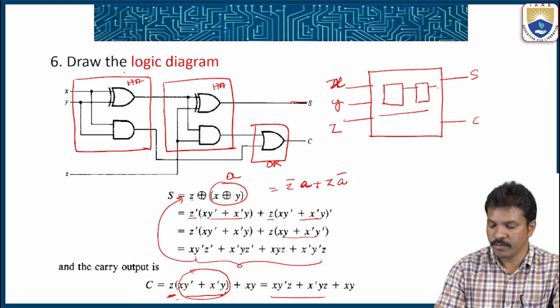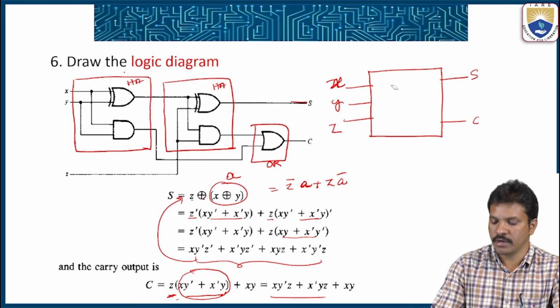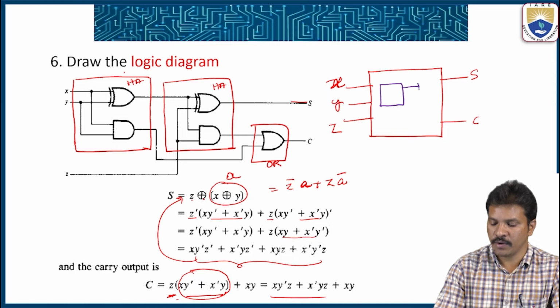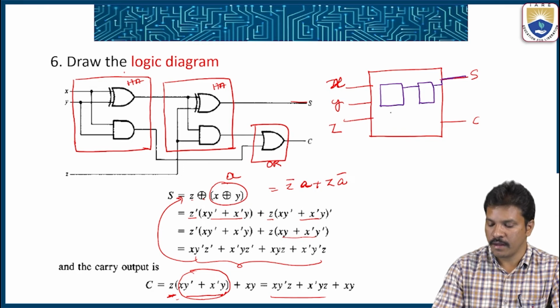This is the sum. We can draw this one. Half adder. The half adder output is given to the second half adder. Its output is connected to the sum, and this half adder output is connected with the OR gate.